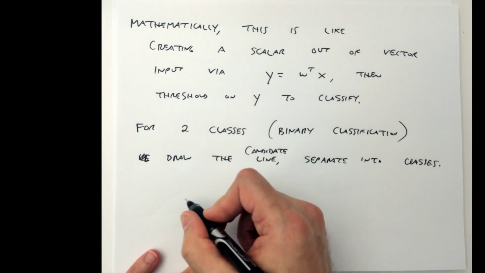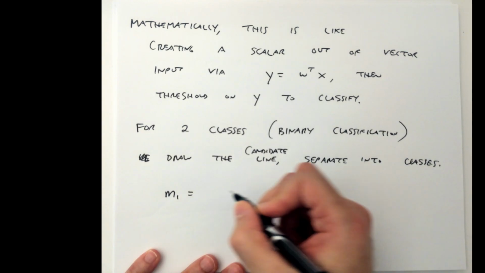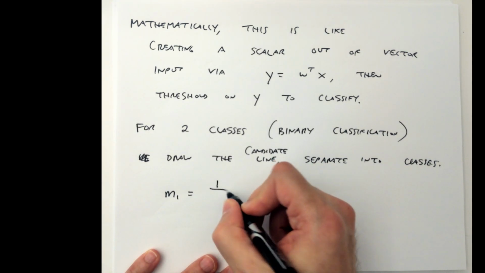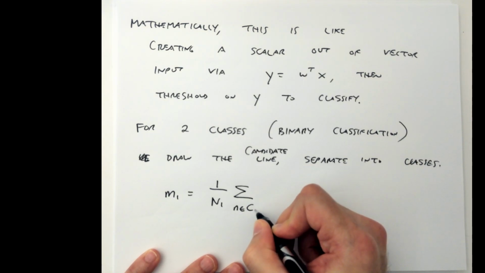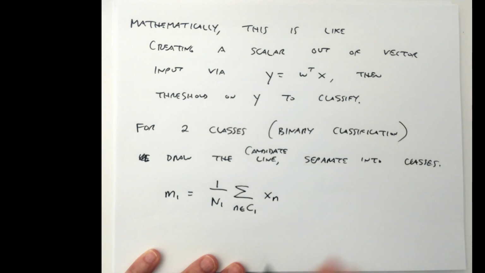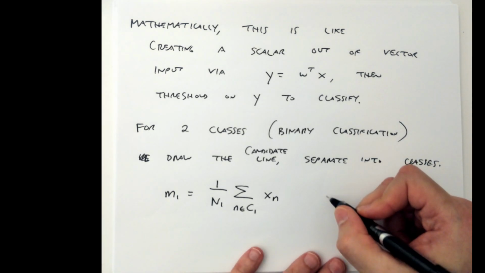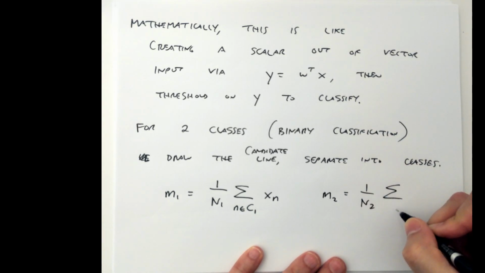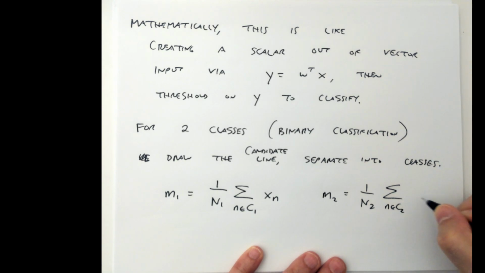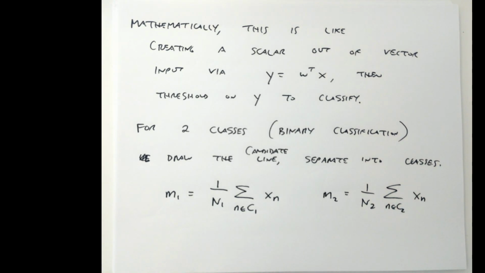So that means that I can create the mean vector of all of the points that were assigned to class 1, right? And then these are all the points that were assigned to class 2, and I can figure out what the means of those things are. This is very much like the means that we did in k-means clustering, right? Same idea. We just decide what are the class means, okay?